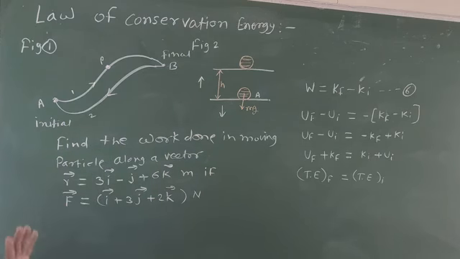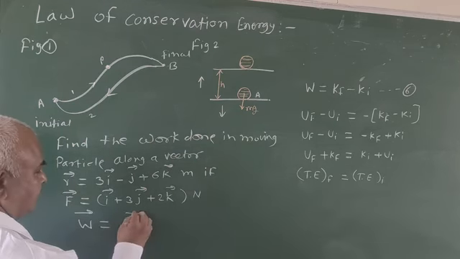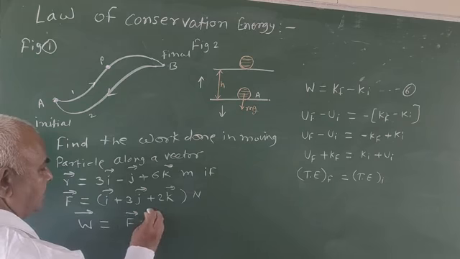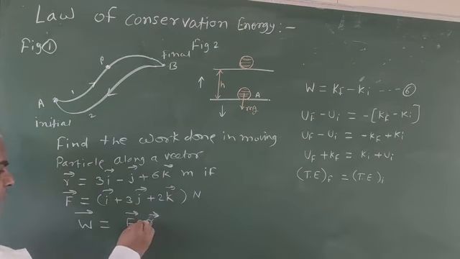That means vector r is given in meter, force is given in Newton, and by using the definition of work done, W is equal to F bar dot r bar. This is the formula to calculate work done.